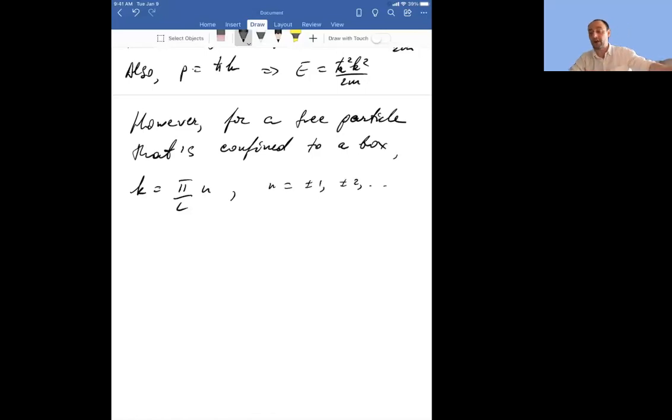For a truly free particle, k can be anything. You can have a wave function with arbitrary wave number. For a particle that's free but confined to a box, not truly free, the k's have to take on discrete values. That comes from boundary conditions.